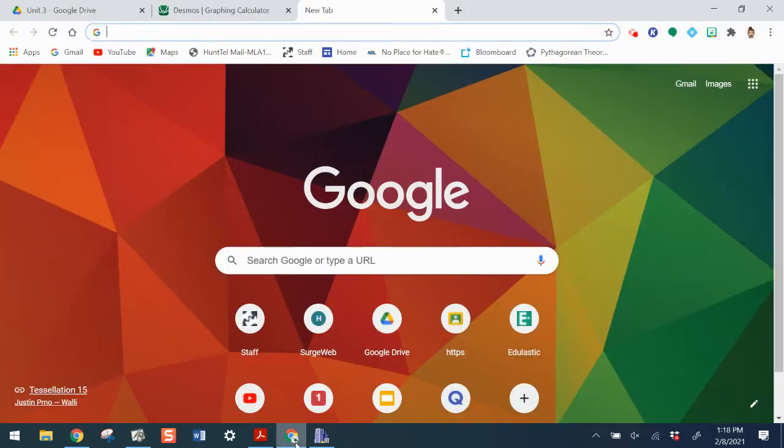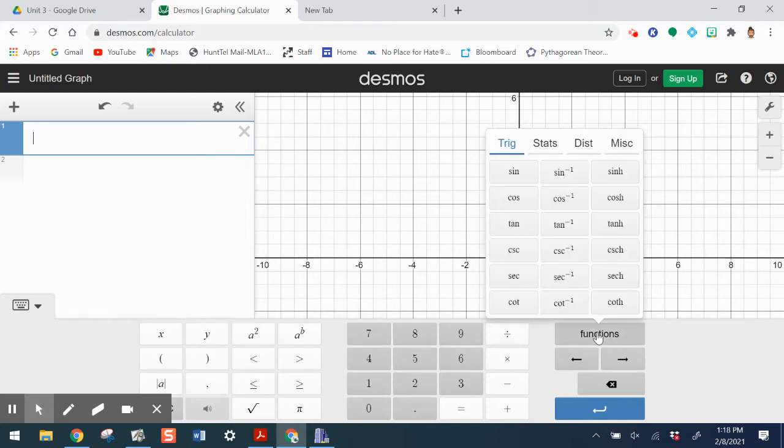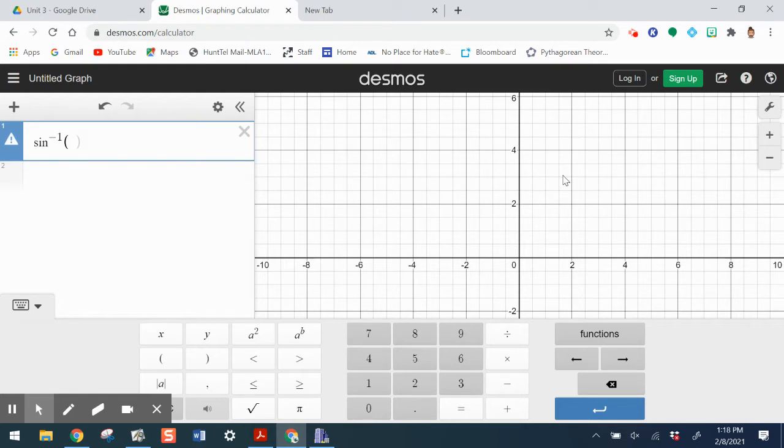So I'm going to go to my Desmos tab, go to functions, and then I'm going to key in the inverse sine of 0.87. And they said round to the tenth, so the 5 in the hundredths place tells the 4 to actually round up, so it'll be 60.5 degrees.